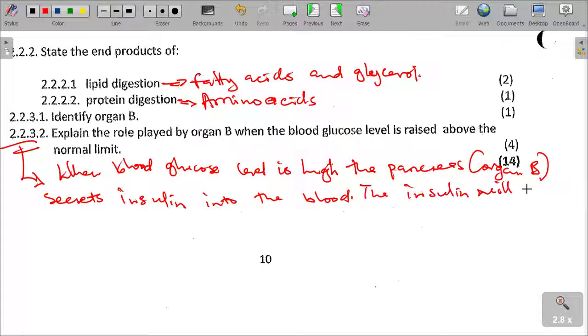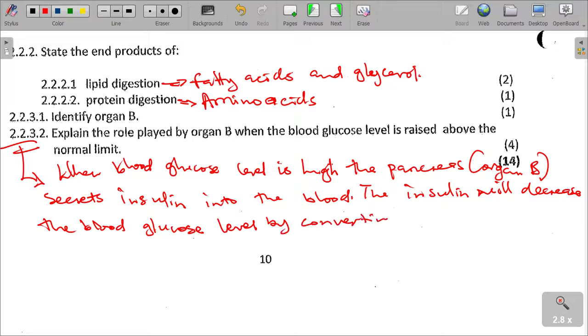The insulin will decrease the blood glucose level by converting excess glucose into glycogen, which is the storage form of glucose.